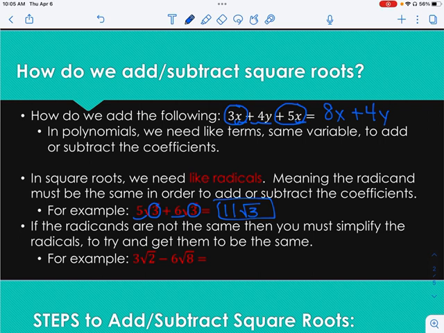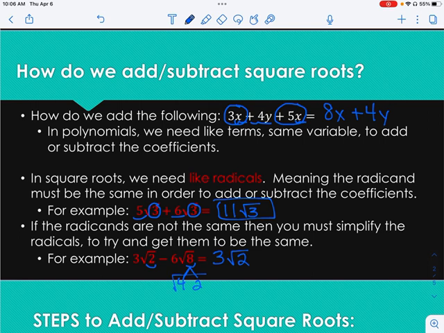Now, if the radicands are not the same, okay, so if you look at them and they are not the same, then what you must do is simplify the radicals to try and get them to be the same. Once in a while, they still won't be, but your first thing you should always do is simplify all of your radicals. Okay, so if I look here, I have a 2 and an 8. Well, the 2 cannot be simplified, so I'm going to leave it 3 square root of 2. But the 8 has a perfect square. It's a square root of 4 and 2.